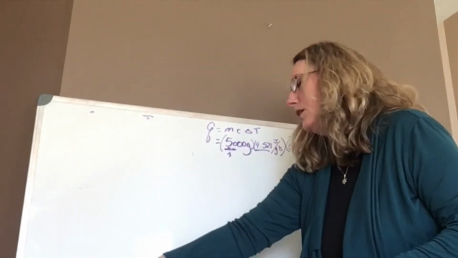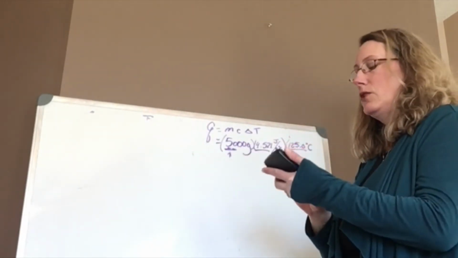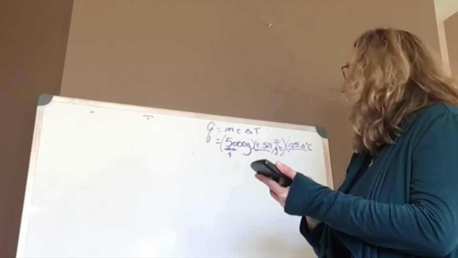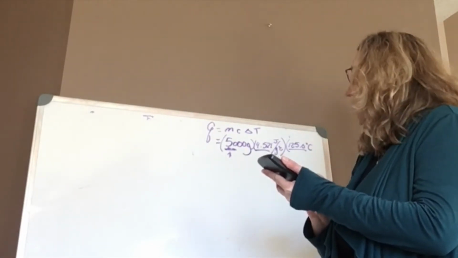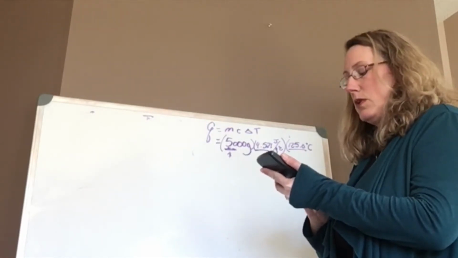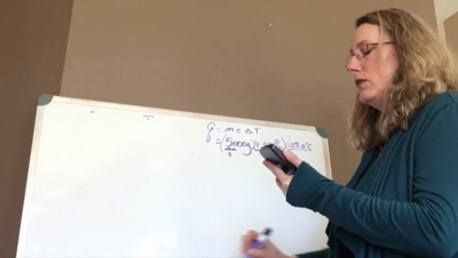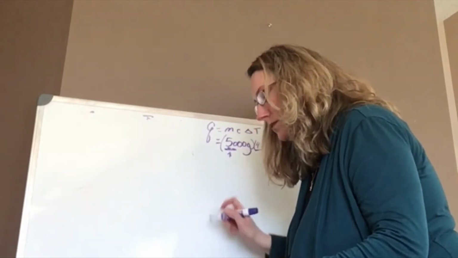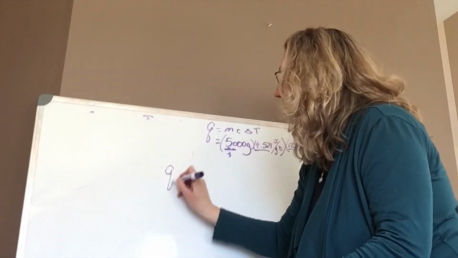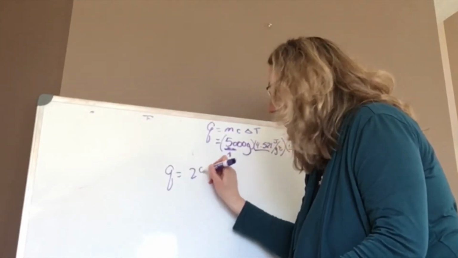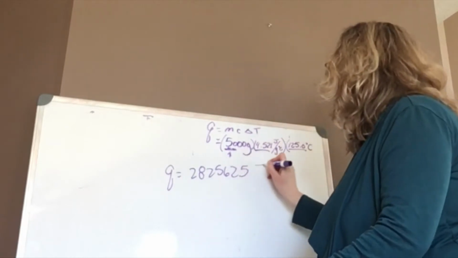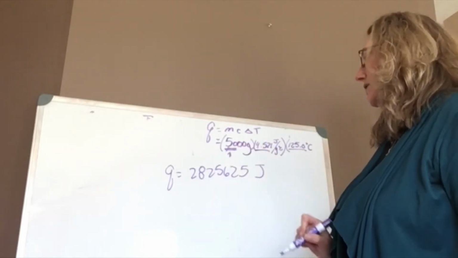So if you put it in your calculator, how many joules of energy does this take? I take 5,000 times 4.521 times 125. So that's a lot. I get a Q of 2825625 joules, but I only get two significant digits.